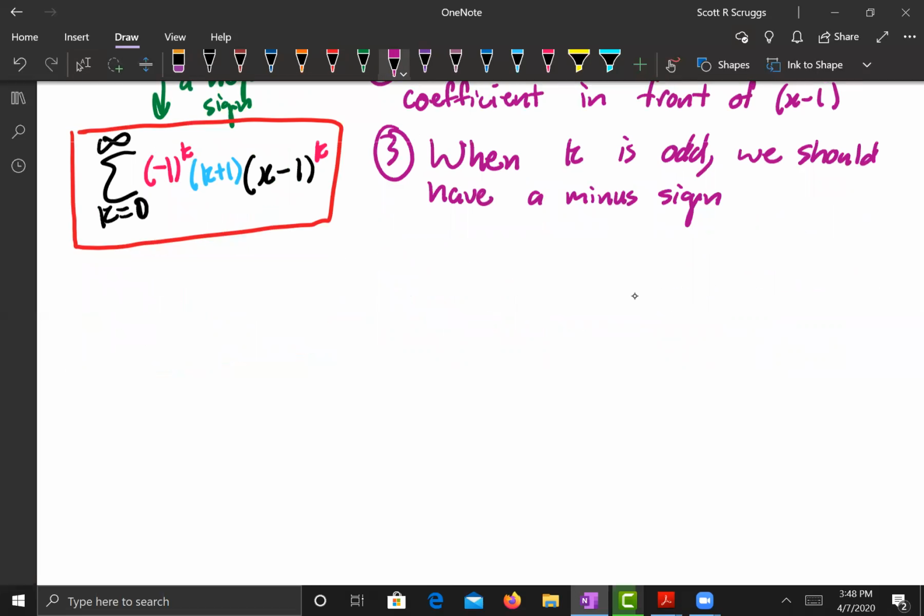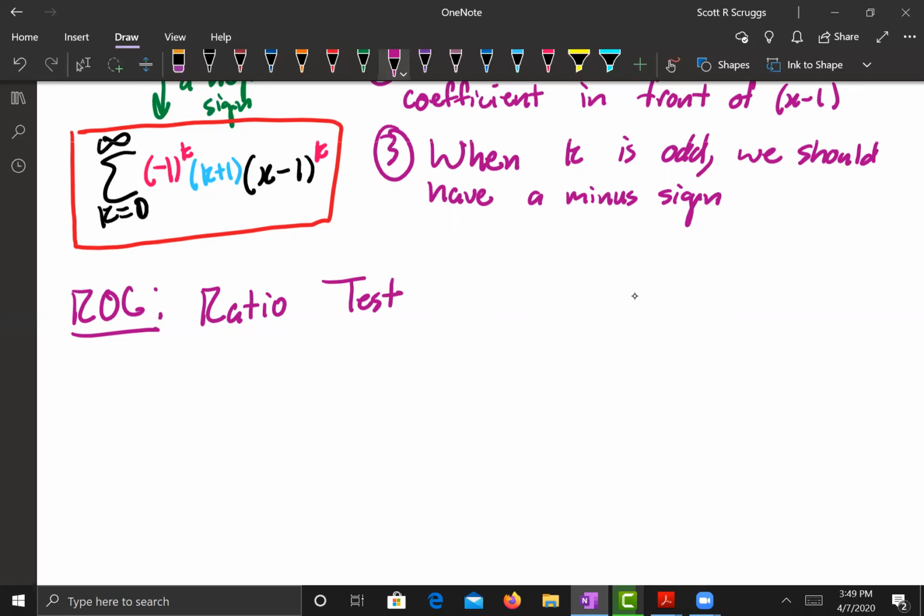So first, let's find the radius of convergence. If it wasn't for that k plus 1, I would go strictly to root test right off the bat. But because I have that k plus 1 term, I'm going to go strictly to the ratio test.